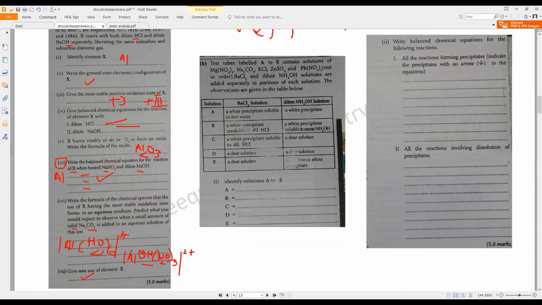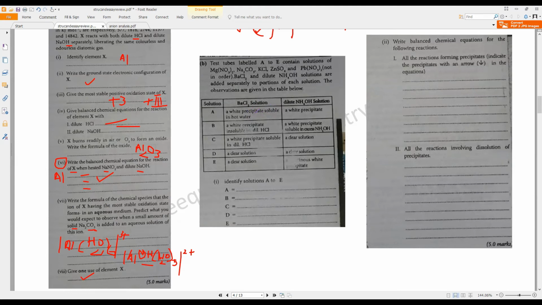So when you add barium chloride to solution A, it says there is a white precipitate that's soluble in hot water. When you read this, automatically you should come to a point: this could be lead chloride, because we have discussed this in the cation analysis many times, even in the previous paper.